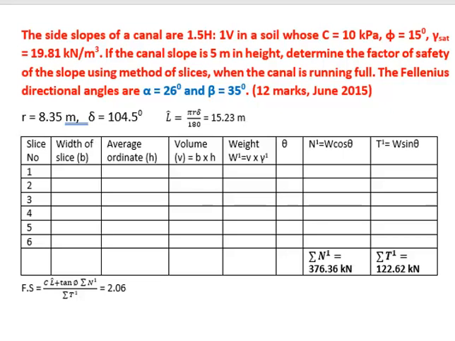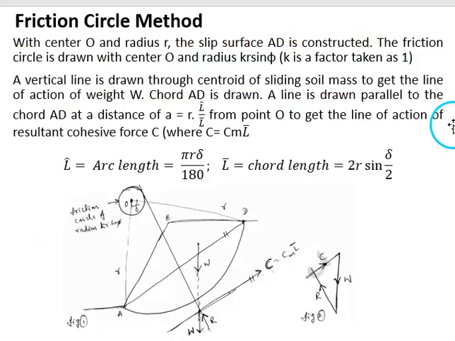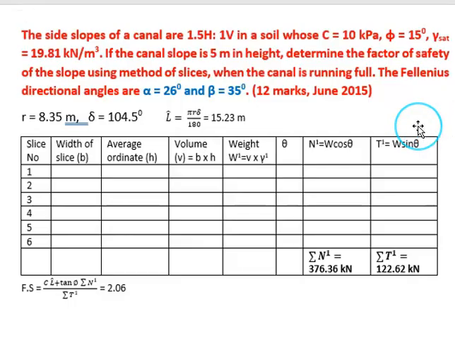So as usual, we have to do the graphical construction with the given height of the slope and slope angle. Then we have to divide the sliding soil mass into n number of slices. So for each slice, we have to find the width, then mid-ordinate, then volume, weight.